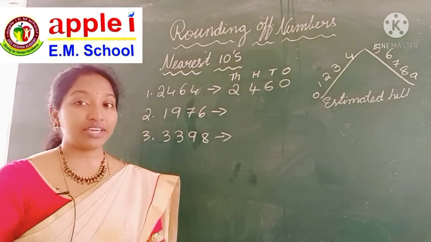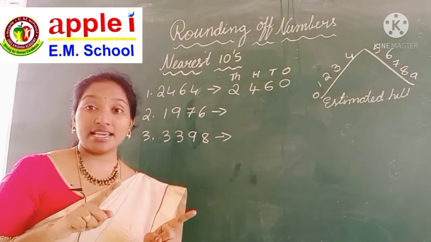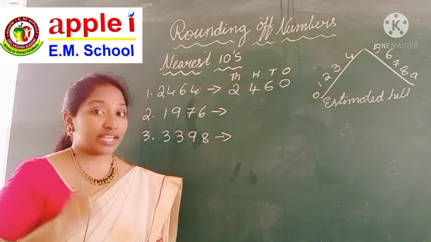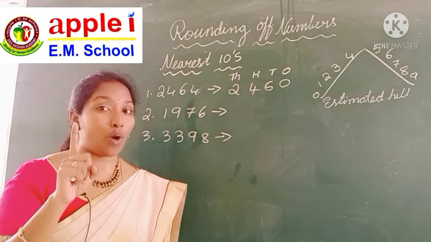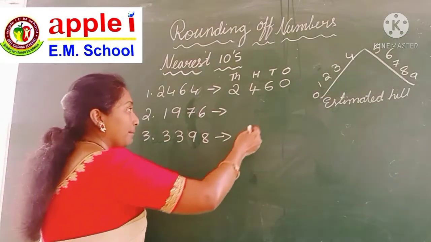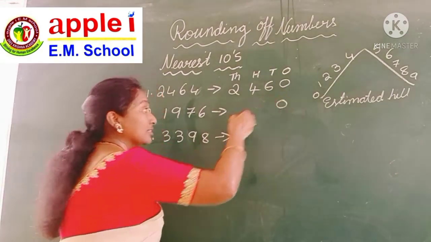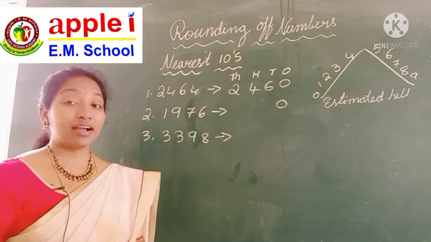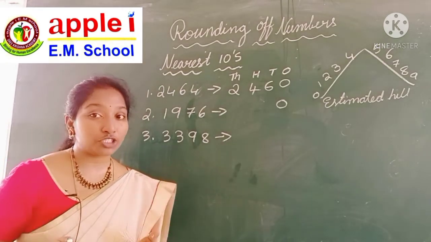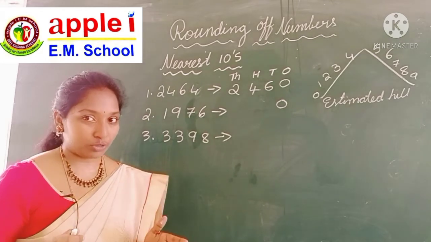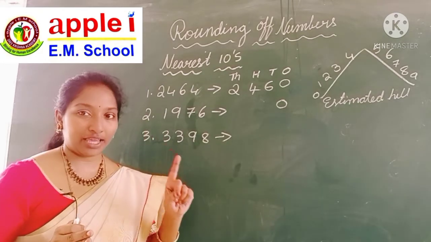Let us see the second one. 1976. We have to round off to the nearest 10. So 10 has how many zeros? Yes, one 0. So make the 1's place 0. Nearest tens means which place do we check? The 1's place.